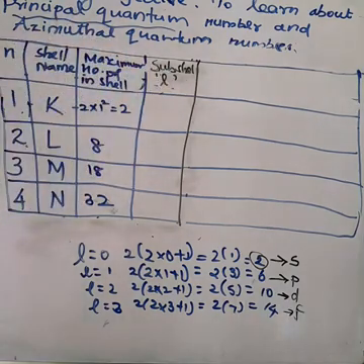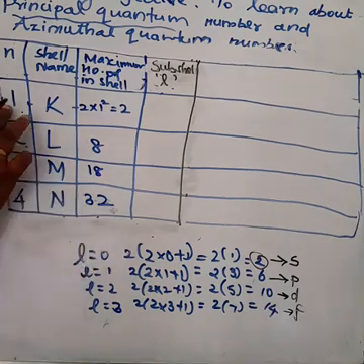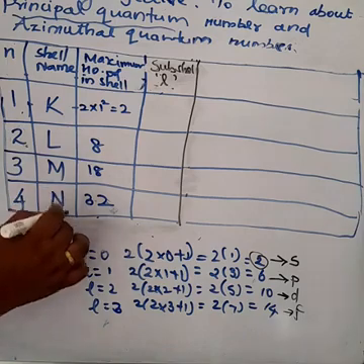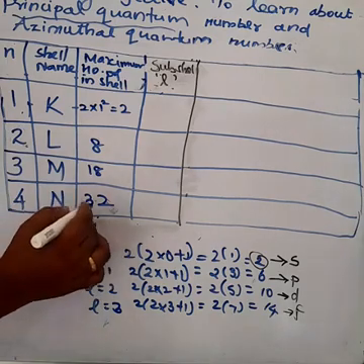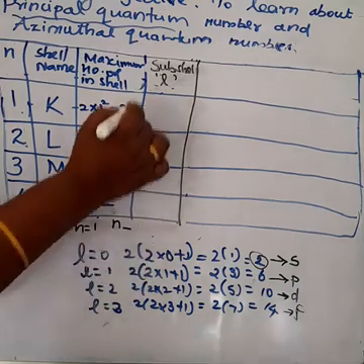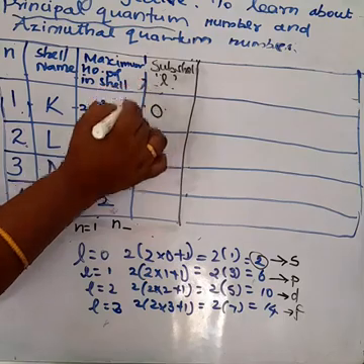So first subshell, when n is equal to 1, the L value is 0, because n is equal to 1 means 1 minus 1, we get 0.